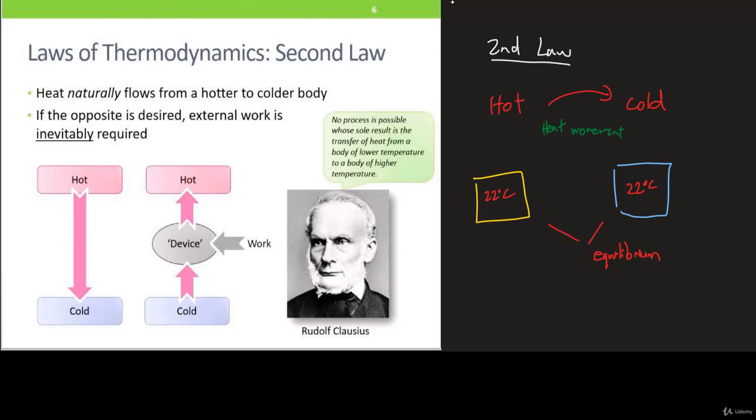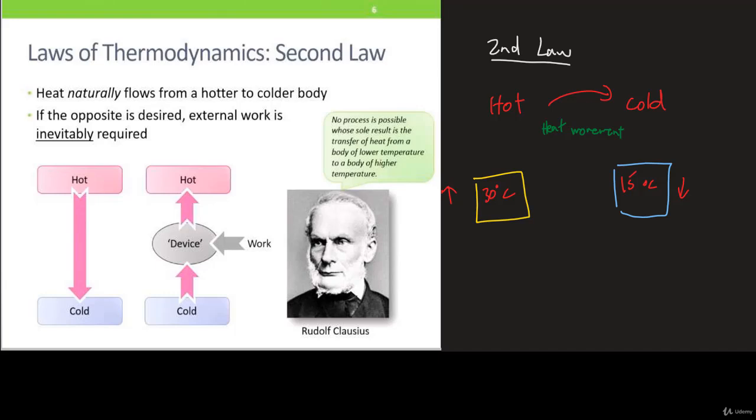What if, back to the first scenario, 30 degrees Celsius and 15 degrees Celsius, I want to make this object colder, to 10 degrees Celsius, and make the other object hotter, maybe to 40 degrees Celsius?